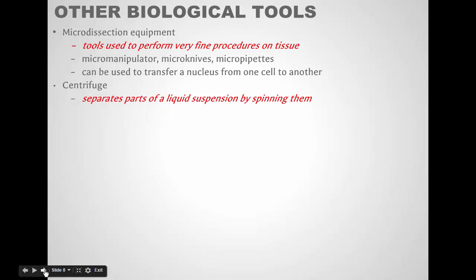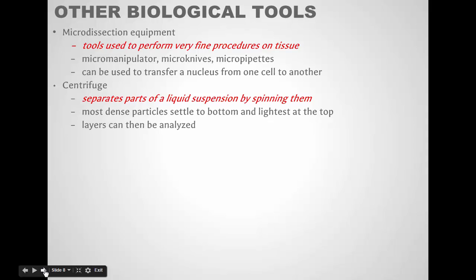An ultracentrifuge is basically just a super high speed centrifuge that can separate even cell parts. So you end up with nuclei separate from mitochondria, separate from cytoplasm, etc. And you can look at those later. You can take them out and use them for various analysis.